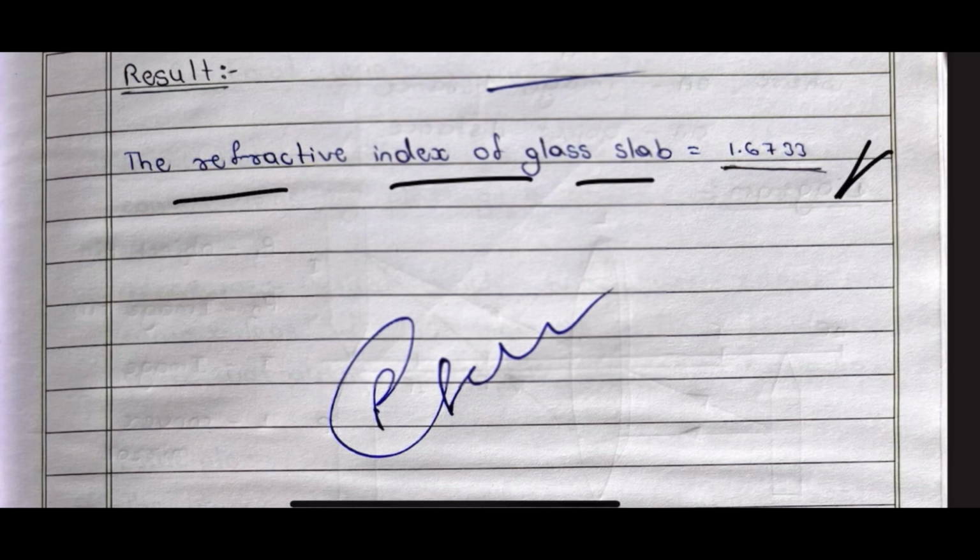This is the reading which our students got during the experiment. And the standard value of the refractive index of glass is 1.5, meaning Ng equal to 1.5. The students have to get values near to 1.5. Okay, thank you.